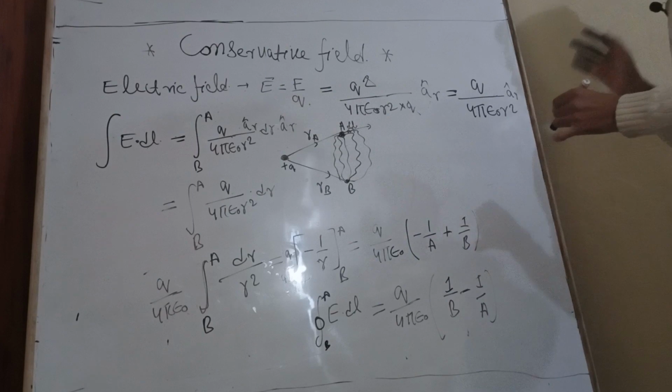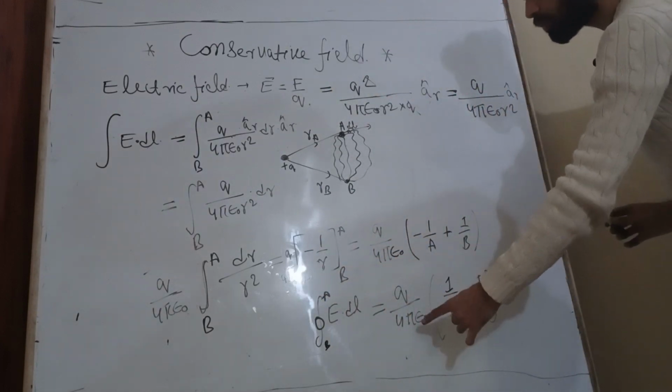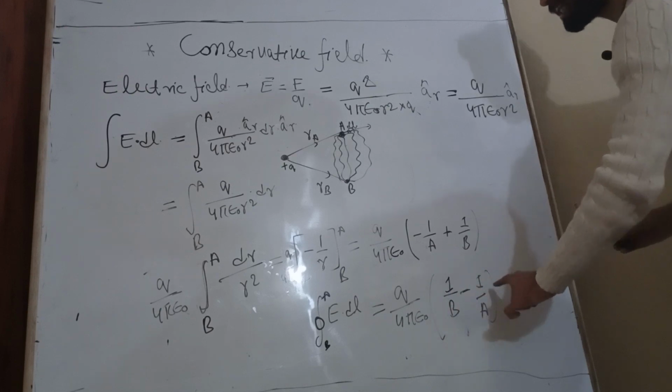So from here it is clear that the integral of E vector dot dl is equal to q by 4 pi epsilon times 1 by b minus 1 by a.